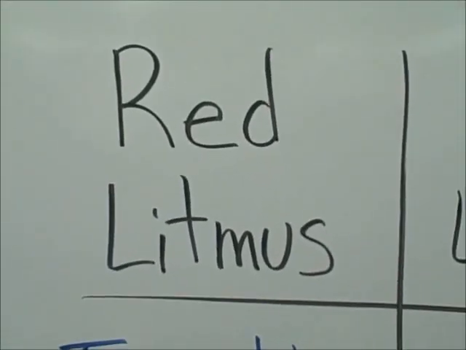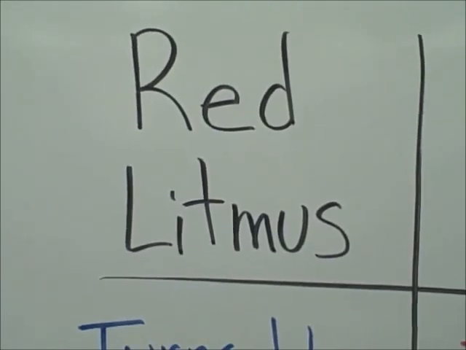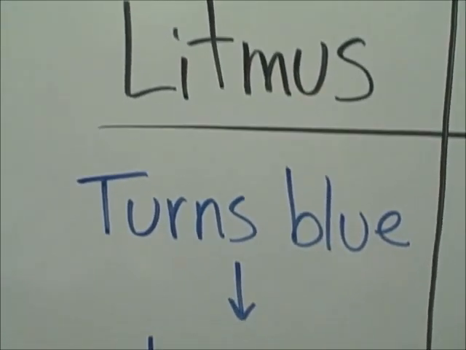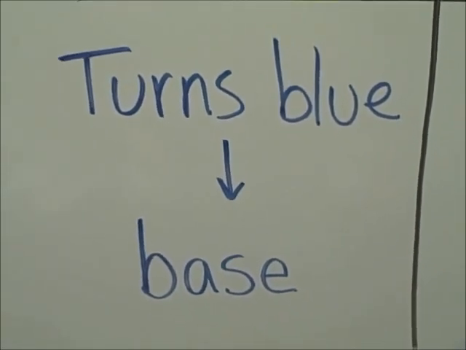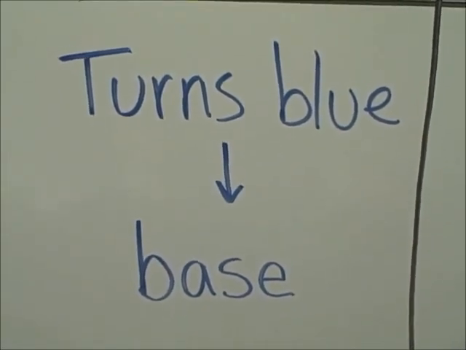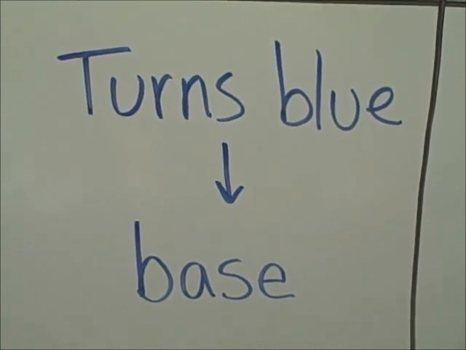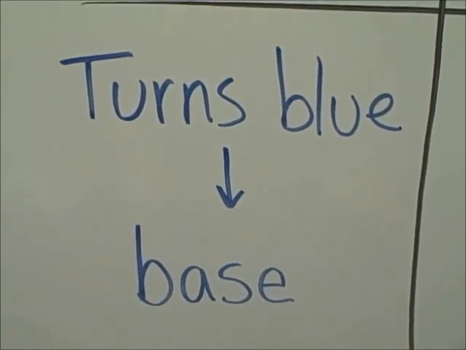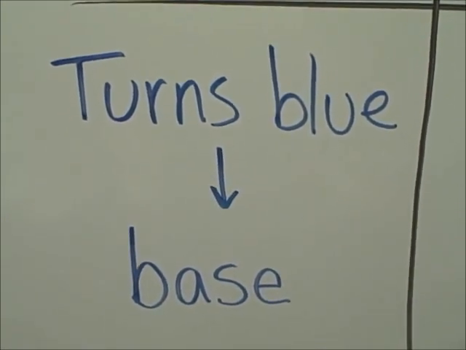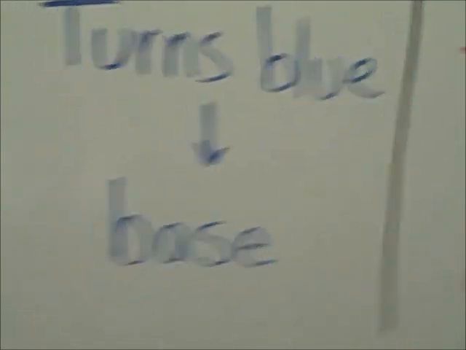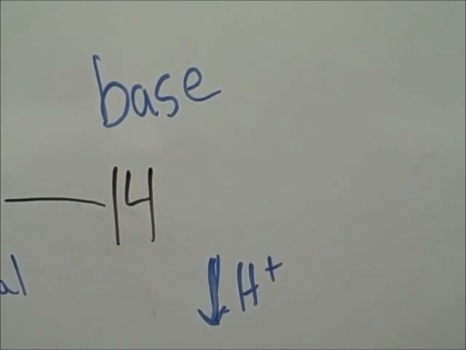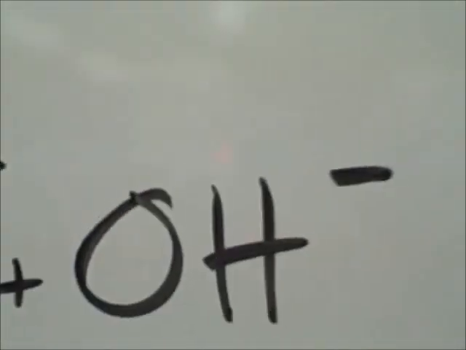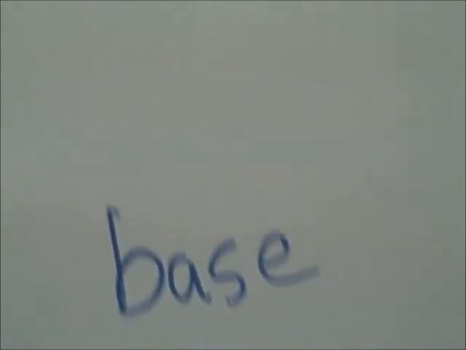Well, for red litmus paper, if you put it in a solution and that red litmus paper turns blue, it means you have a base. Red litmus paper, put it in a solution and it turns blue, it means the solution is a base, which is low in those hydrogen ions.